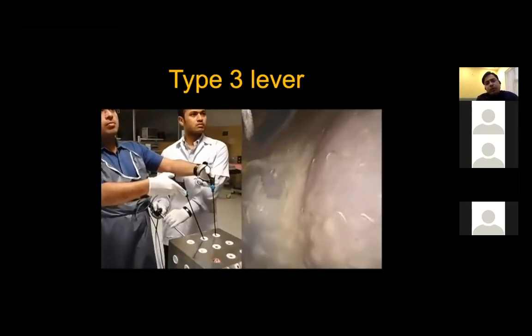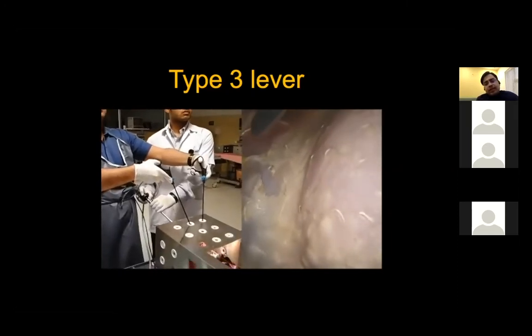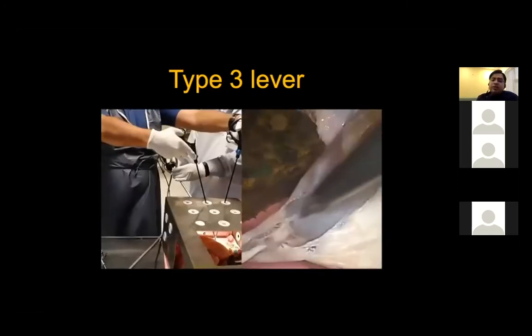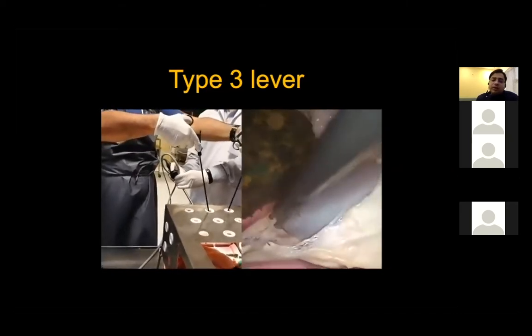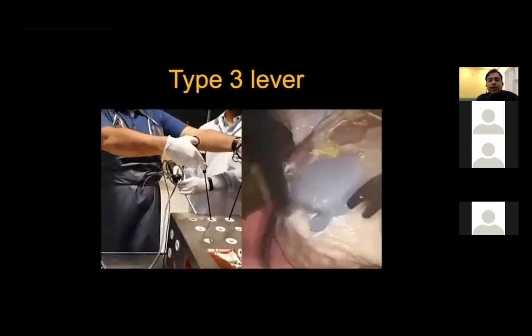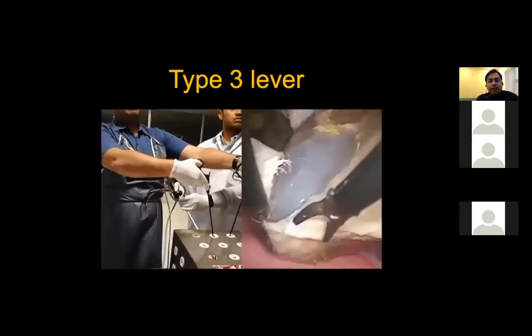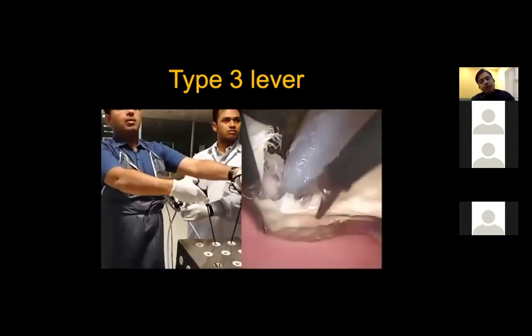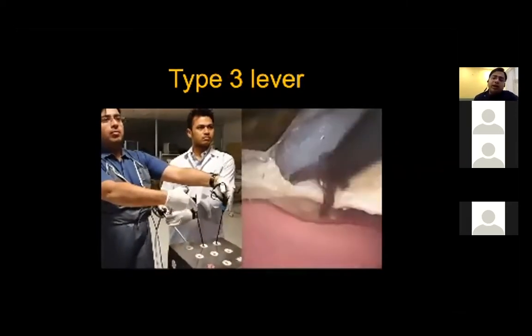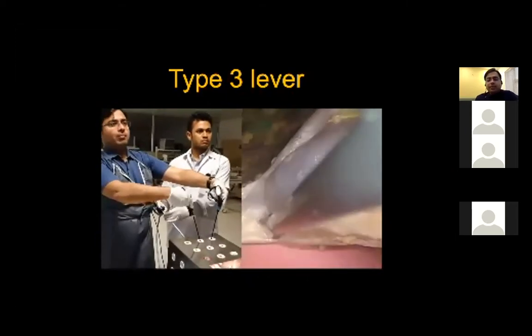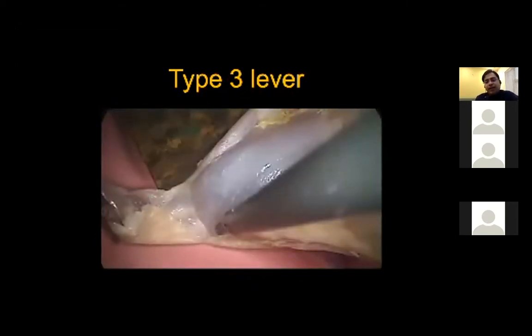One more major problem that occurs in this situation is that if you are using a metallic port, the current from the tip of your instrument may go and hit the port, and capacitive coupling may occur, injuring the bowel. This will typically occur if you have placed the port too close to your target organ. So placing the port in a way which makes half of your instrument inside and half of your instrument outside will give the best result.